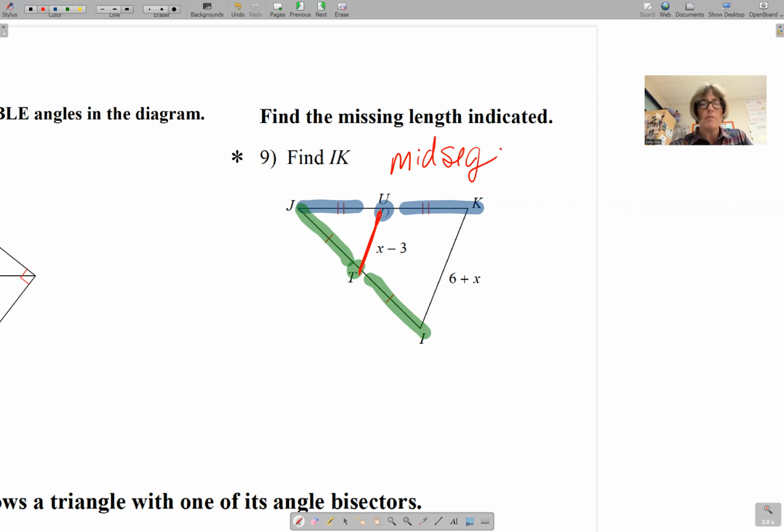And the mid-segment is parallel to this side, and it's also half. So this is 1 bunny hop, 2 bunny hops. So your equation is 2 of TU equals 1 of IK. Use that to solve for x and plug it back in.